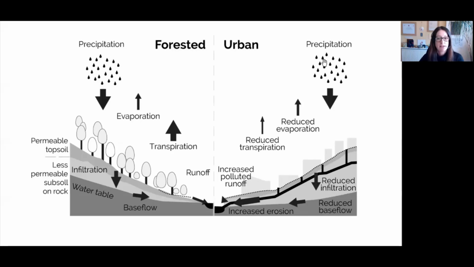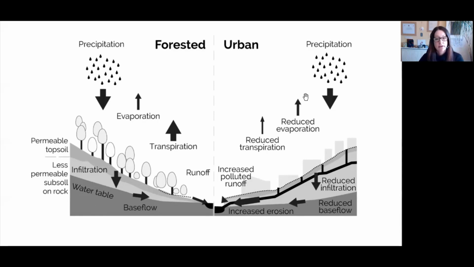If we compare this urban diagram to the forested diagram, we see exactly the same. We start with precipitation, which comes down into the ground. We talk about infiltration, base flow, runoff, transpiration, evaporation, and then the process begins again.